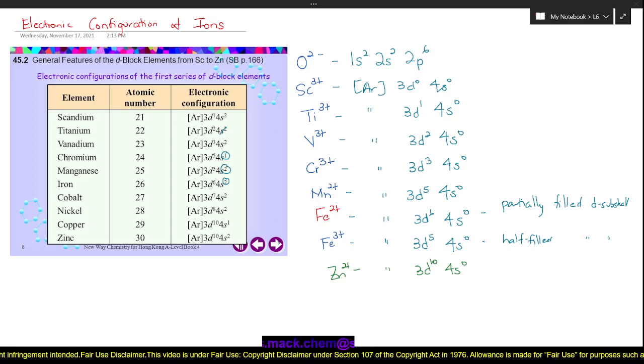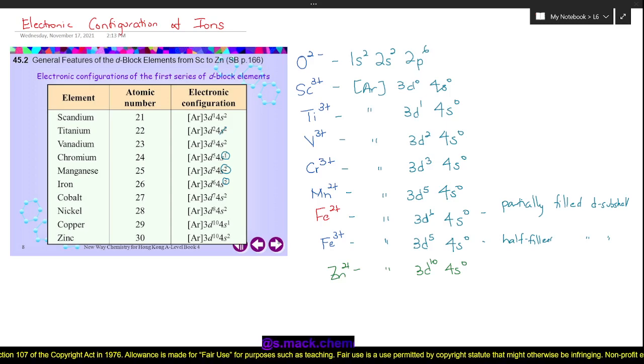And for Fe3+, we take the 2 electrons from the 4s and 1 from the 3d. On my screen, you're also going to see I've taken the opportunity to describe the configuration of the d subshell. Fe2+ is partially filled, Fe3+ is a half-filled d subshell.